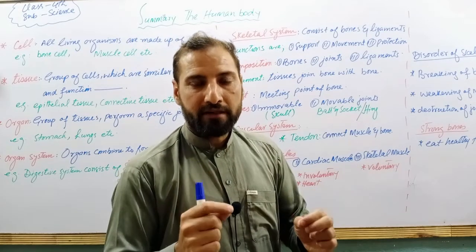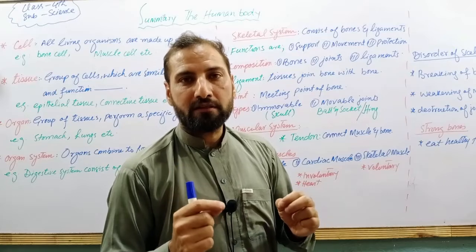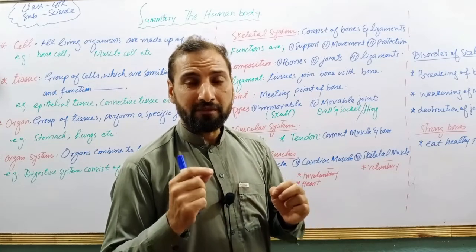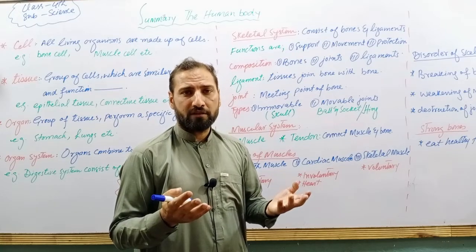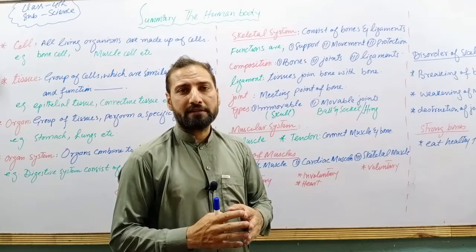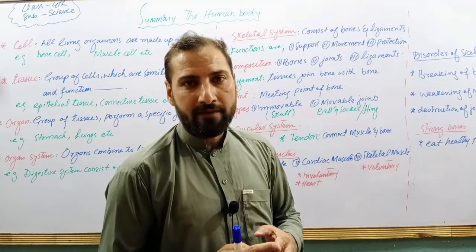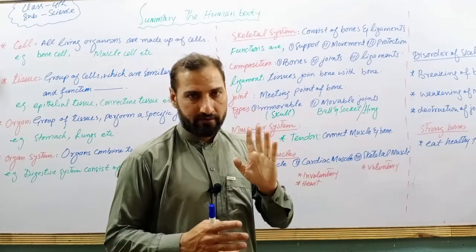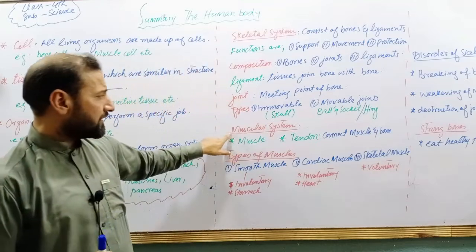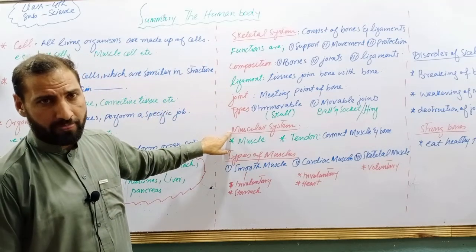Clear? Ball and socket joints are present in our shoulders and hips. These allow multi-directional movement. Hinge joints are present in our elbow and knee, and they allow unidirectional movement. Clear?